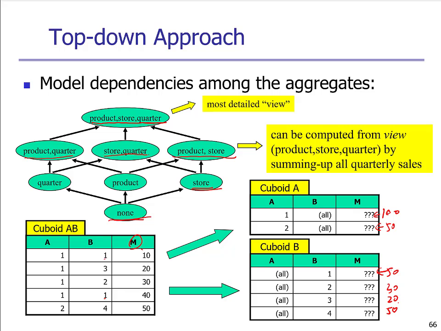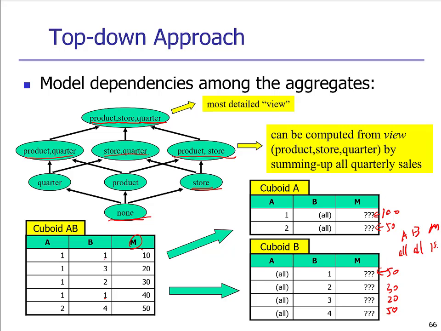These are the 1D cuboids. So we start from the 2D cuboid, and this is the 1D cuboid. How about 0D? It's not on this slide, but essentially for A it is all, for B it is all, and for M you simply do the aggregation using either of these 2 tables.